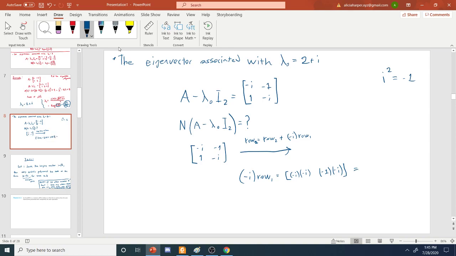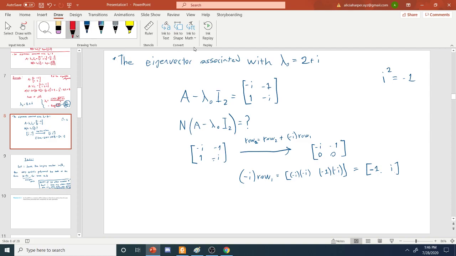So I can use the fact that i squared is equal to negative 1 to get the first entry here is negative 1. And the second entry is simply i. So when I add this to this, it cancels. And I get negative i, negative 1 for the first row, and 0, 0 for the second.